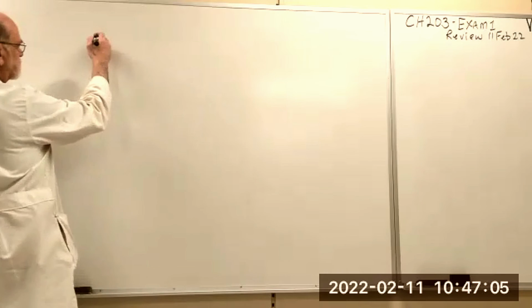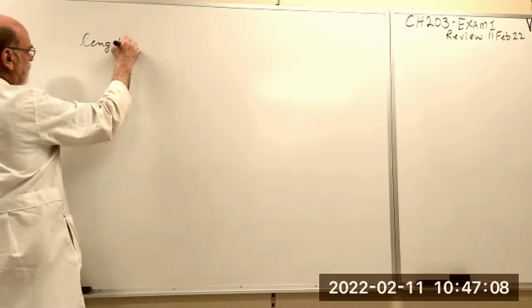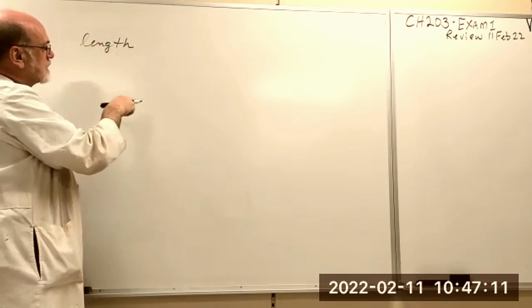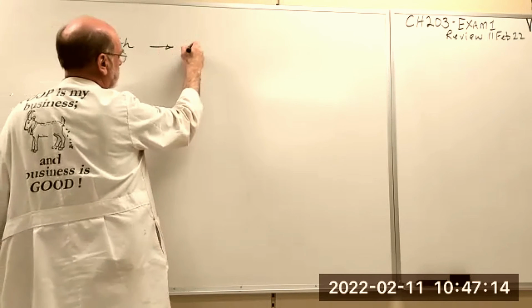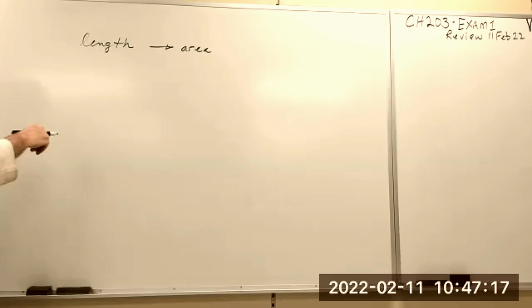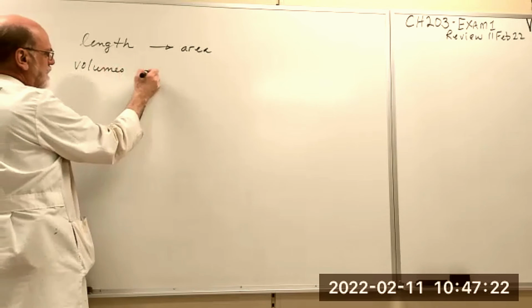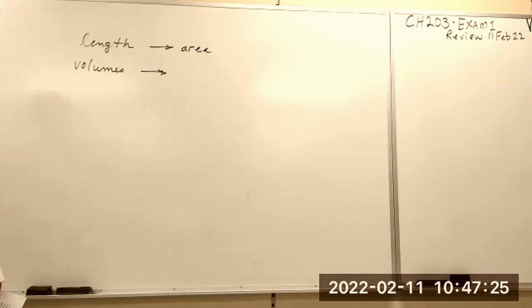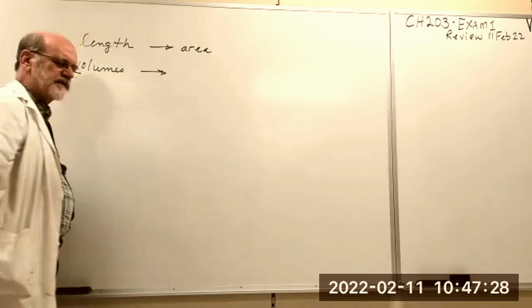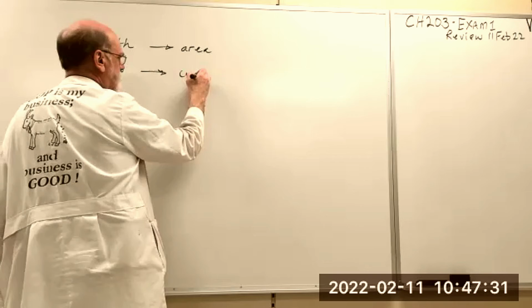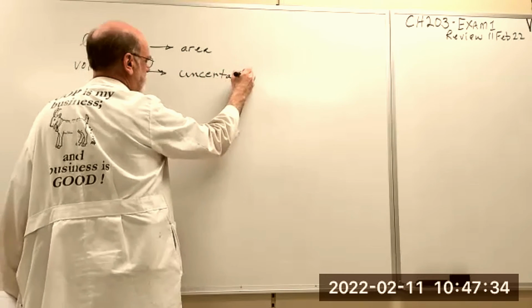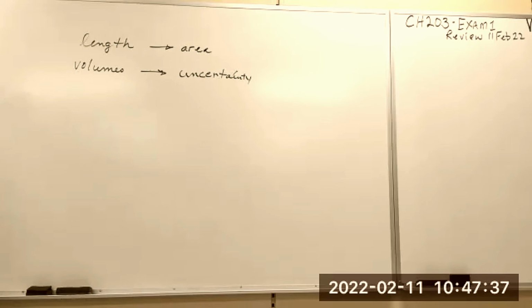We'll measure length, and then we'll use those measurements to calculate area. We'll also measure volumes, and we'll use those to calculate uncertainties. So in order to do that, you need to know what's the accepted value, so you can compare your measurement to that one.